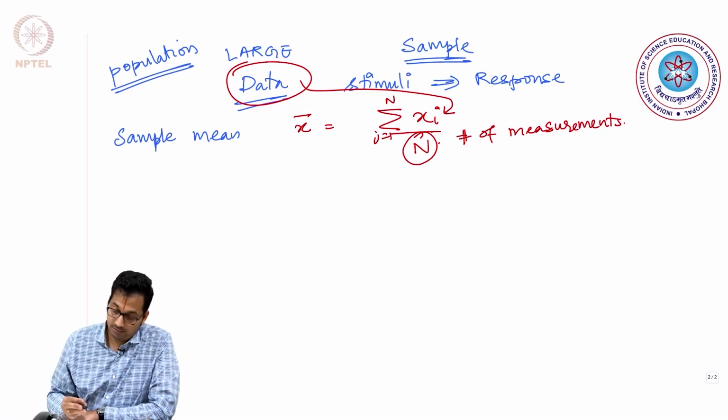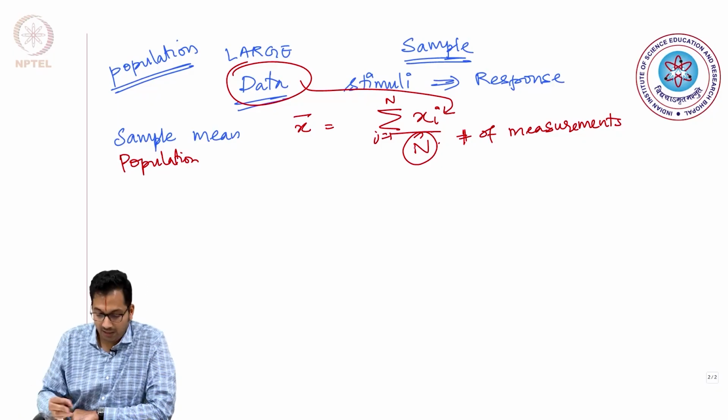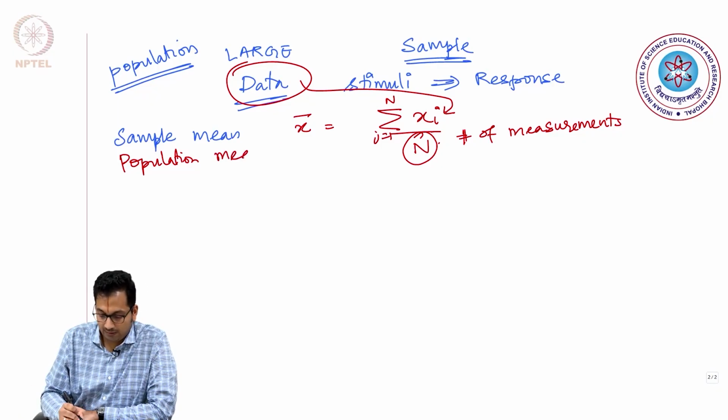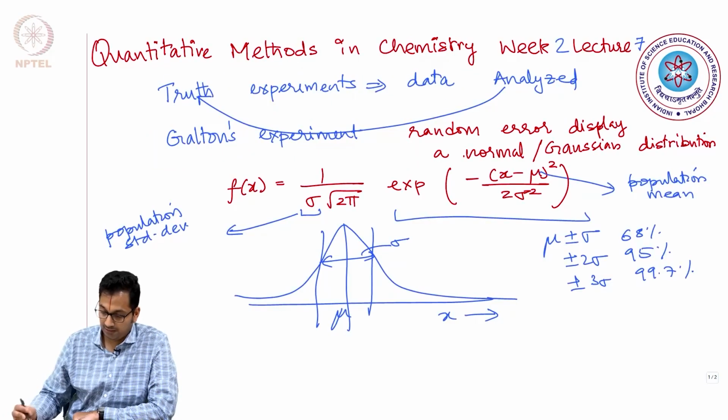The only difference between sample mean and population mean is that n is large for the population mean while n is small for the sample mean. Of course, the population mean goes with the symbol mu, which we just saw a moment earlier in the Gaussian distribution.